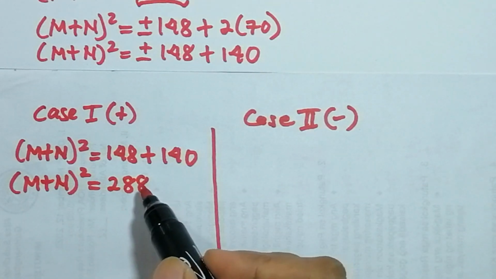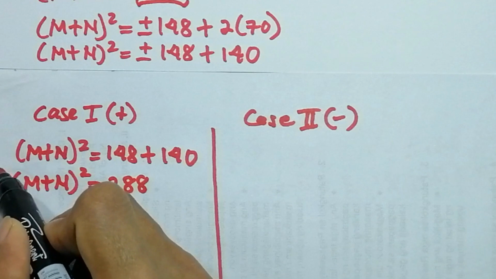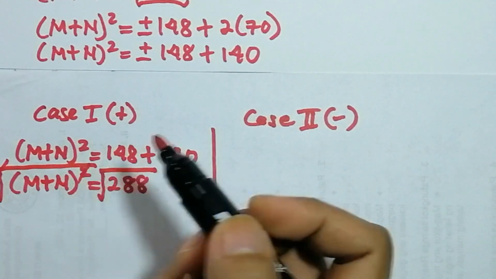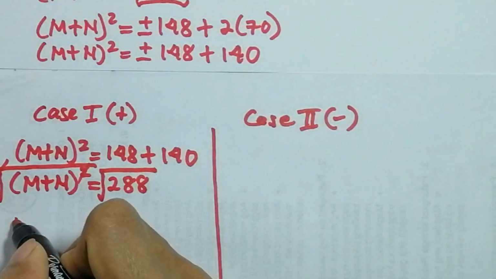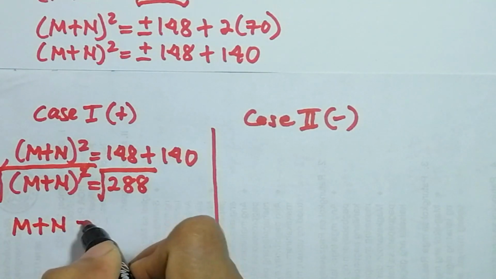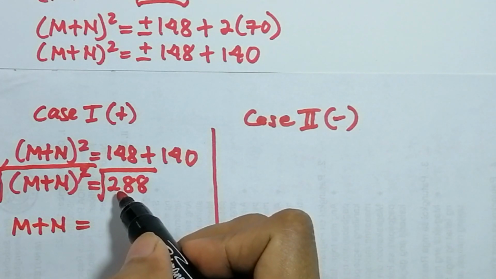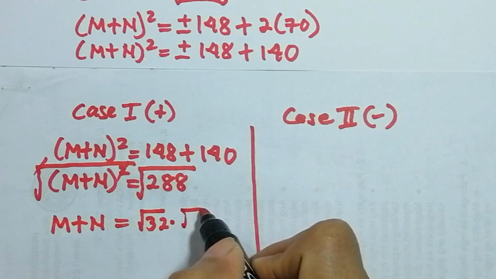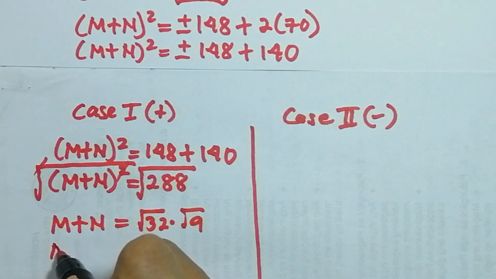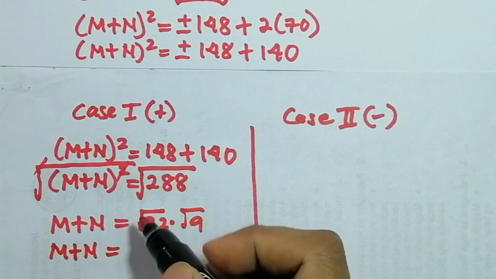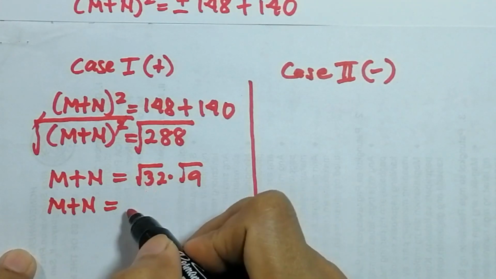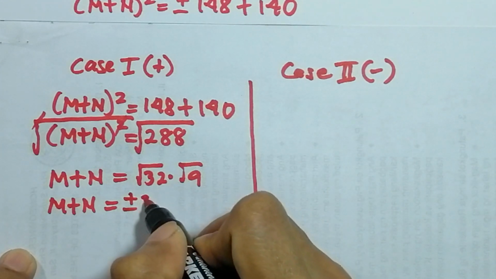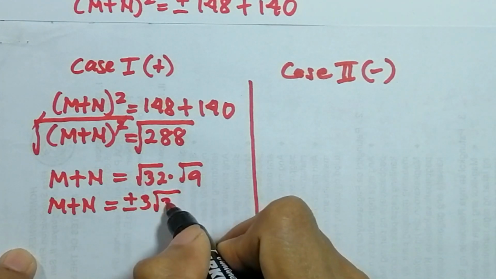Then in here we're going to square both sides, so we square root it same as here. Now on the left side we cancel the radical sign, so it remains m plus n is equal to the square root of 288, which is the same as the square root of 32 times the square root of 9. This will become positive negative. The square root of 9 is 3 times the square root of 32.